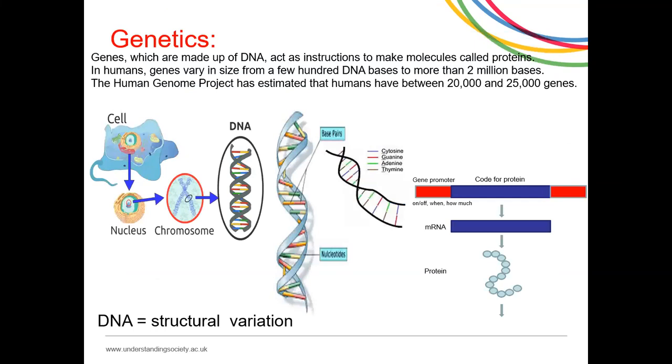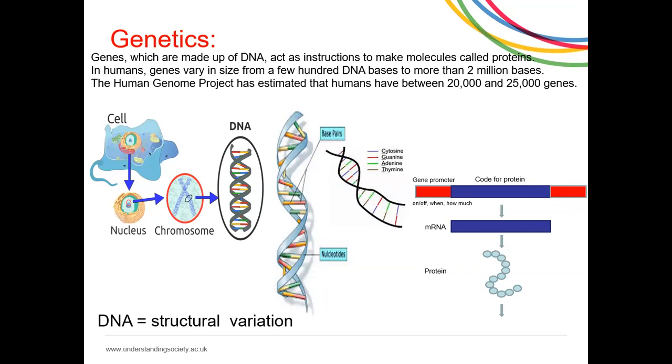So I'm going to quickly do a one-pager on genetics. We're going to have a much more detailed and better explanation of genetics in the next presentation, but just as an introduction, there are lots of terms, as I said. So we've measured SNPs in Understanding Society, and methylation in Understanding Society. In my one-pager of genetics, you know that DNA, I hope you do, is found in your cells.